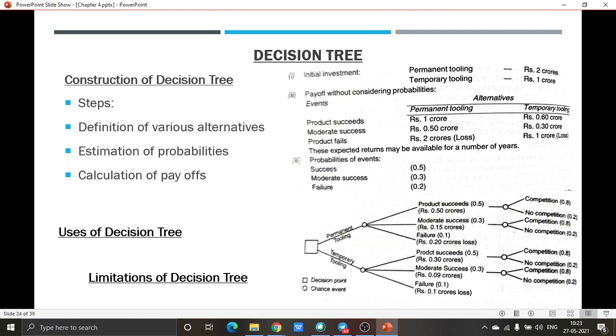of 0.1 and rupees 20 lakh for loss. The same under temporary tooling also, they have mentioned the probabilities 0.5, 0.3 and 0.1 and the cost that is being involved.